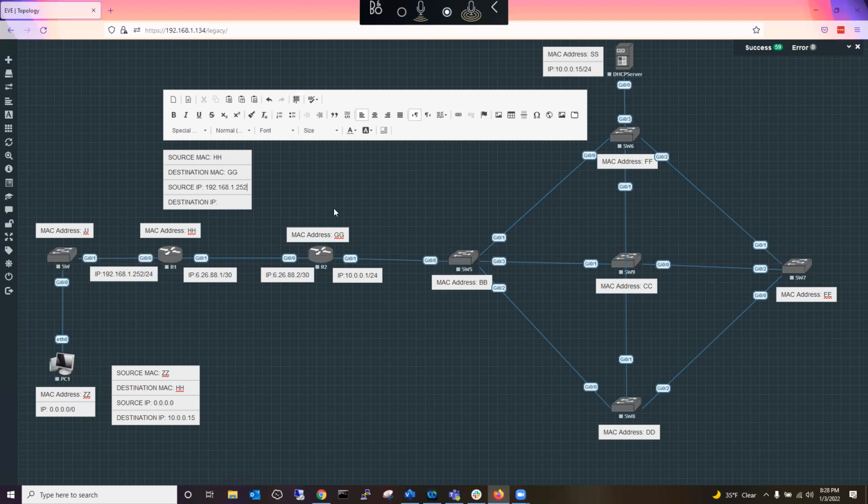When it leaves here, it's going to have the IP address of this, so it knows how to get back to, like you just said, this network. If we only put it to 6.26.88.1, it's going to stop here. It's not going to get back to PC1.